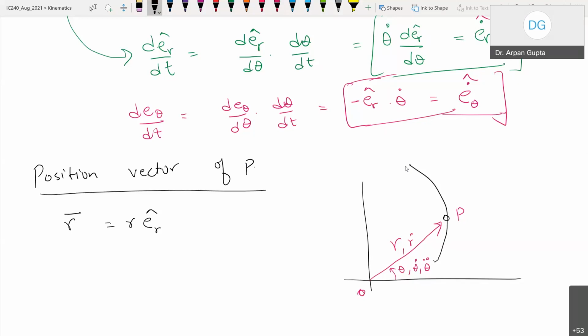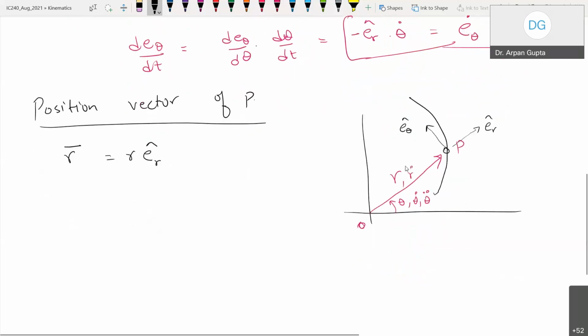That is the very simple thing. If from point O I want to write the position vector, it will be along e_r cap. So this is the e_r cap, and this is e theta cap. So the position vector is going to be along e_r cap with a magnitude of r. That's straightforward.